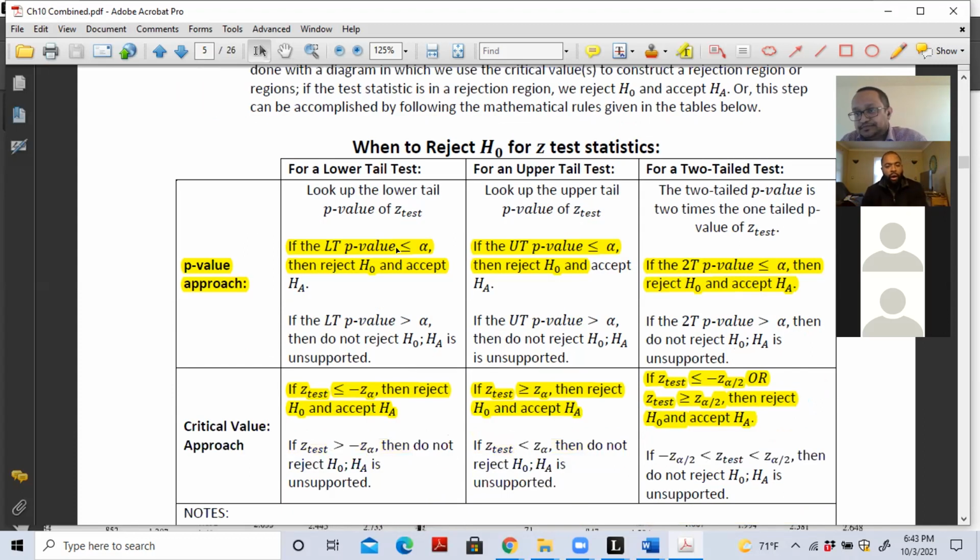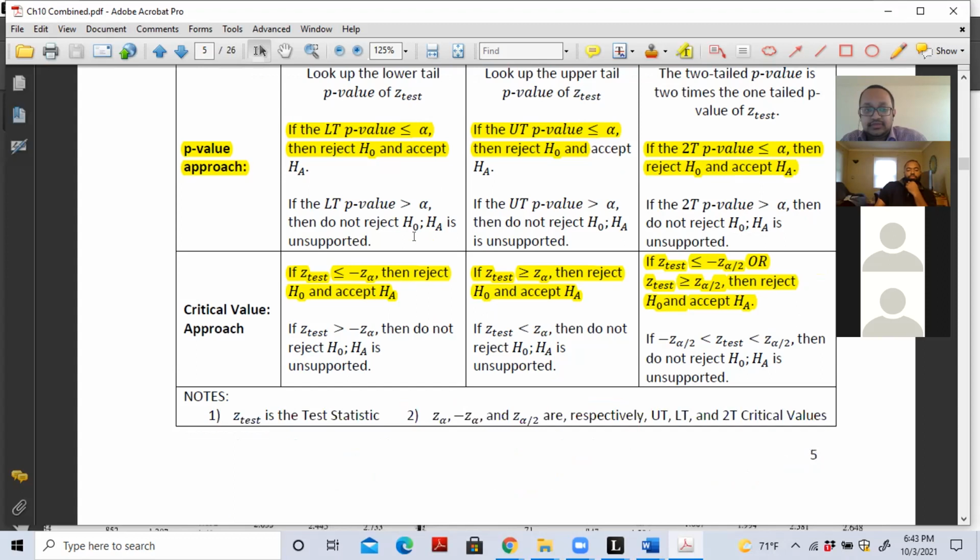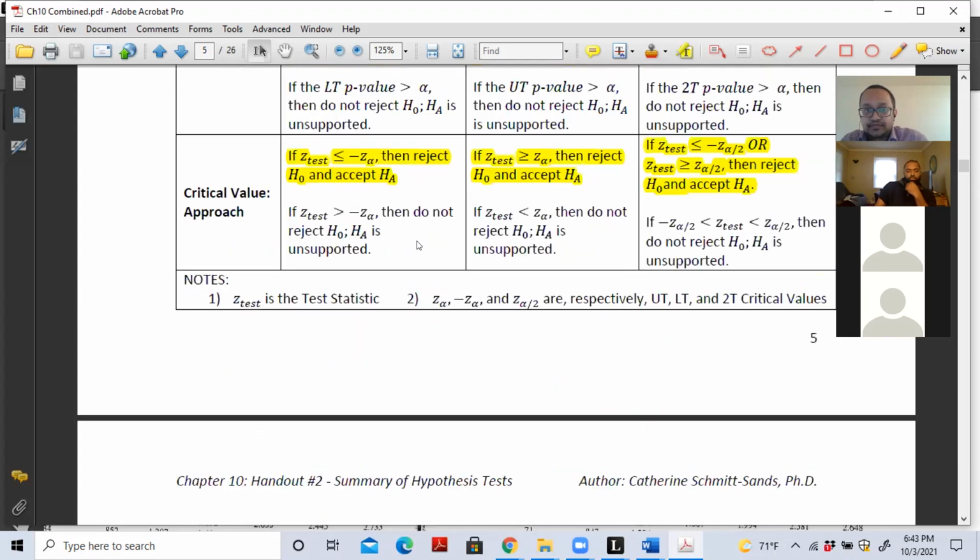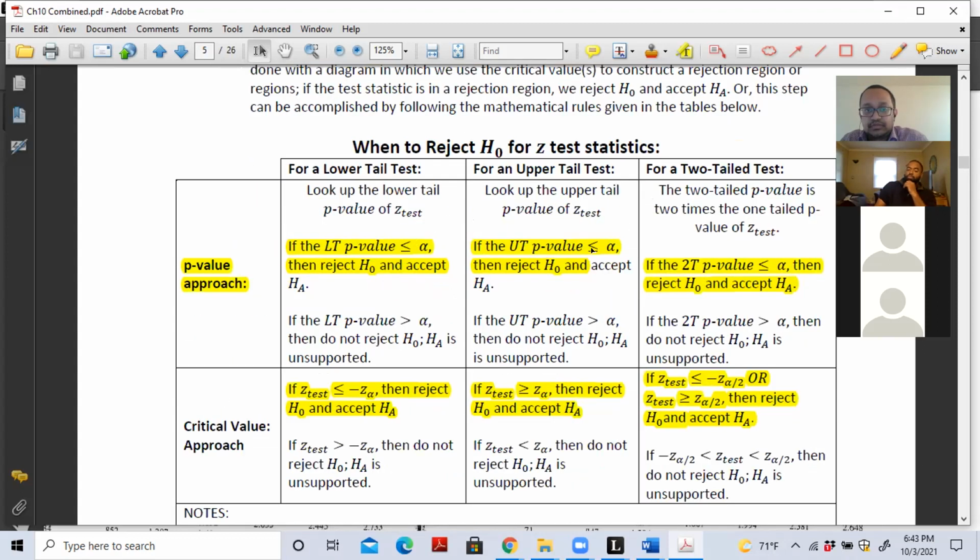It's regardless of lower tail or upper tail. The rule is always the p-value is less than or equal to alpha. As long as that holds, you reject. But the upper tail and the lower tail are calculated differently.